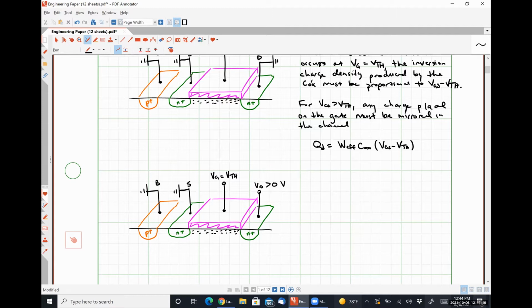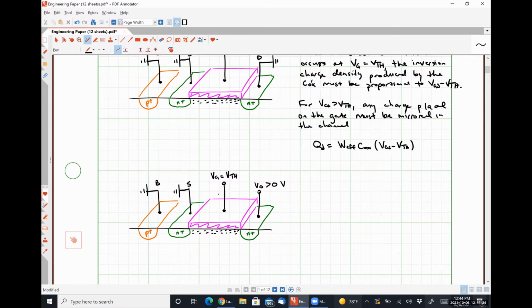So on the source side, the potential difference is VG minus 0. And on the drain side, the potential difference is VG minus VD, right? Where VD is greater than 0.